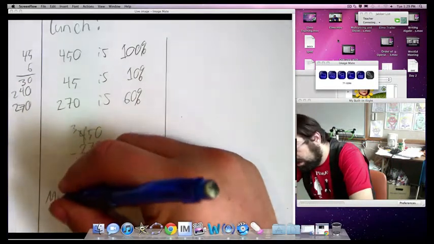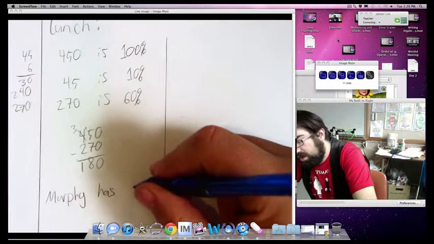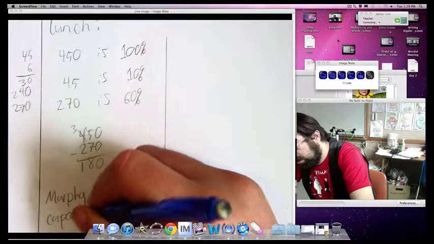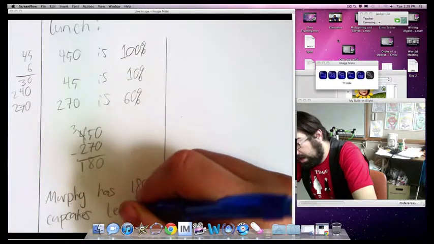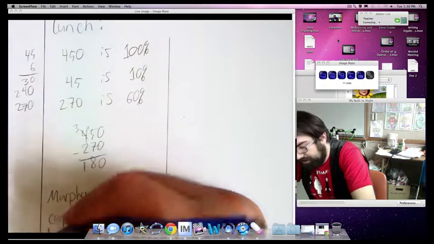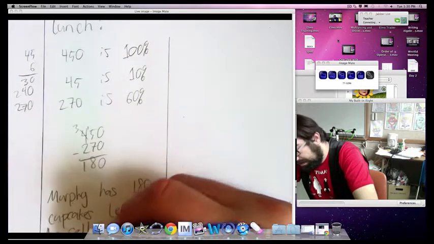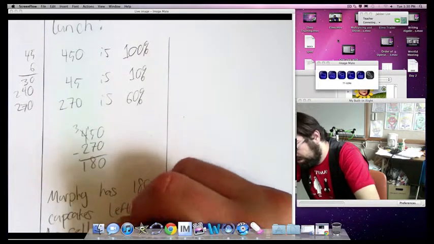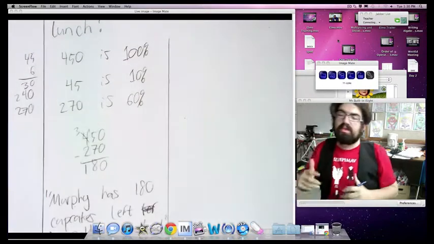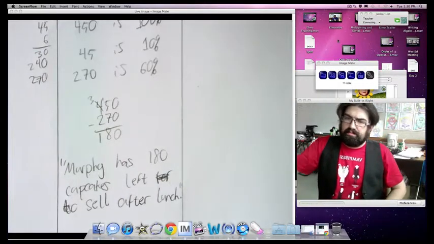So Murphy, also the name of Robocop, has 180 cupcakes left for after lunch. Left to sell. Let's put that. After lunch. Okay. Murphy's got 180 cupcakes left to sell for after lunch.